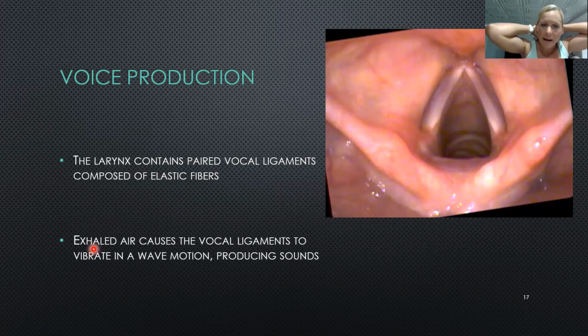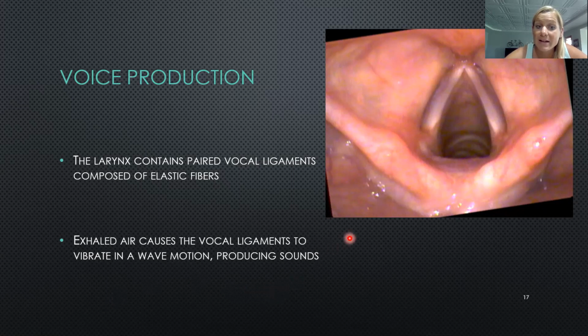Okay, so the larynx is where we produce sound. It's going to contain paired vocal ligaments that are composed of elastic fibers. Here you can see those here. And exhaled air causes the vocal ligaments to vibrate in a wave motion, producing sounds, okay?